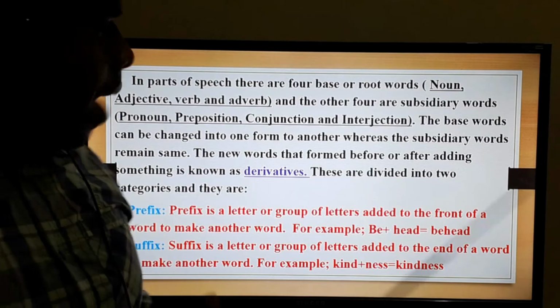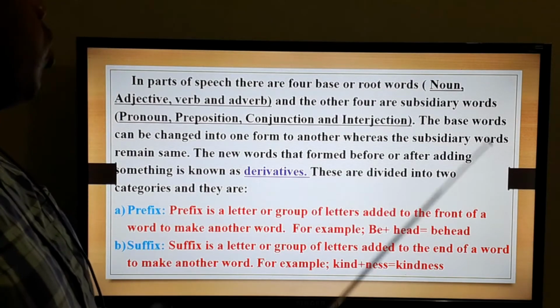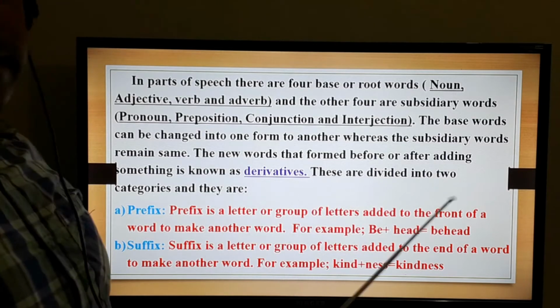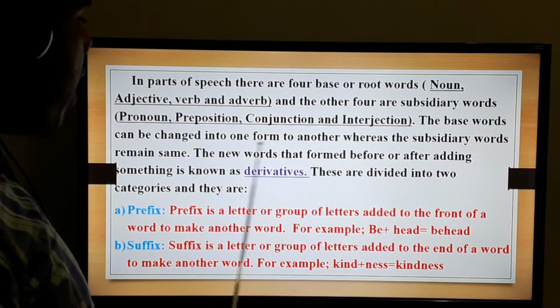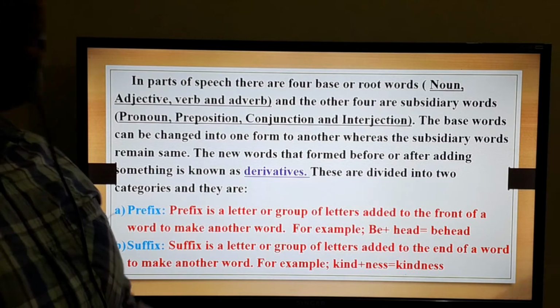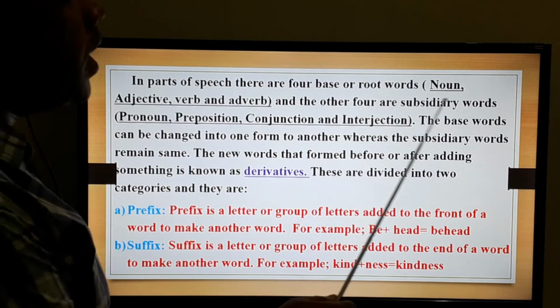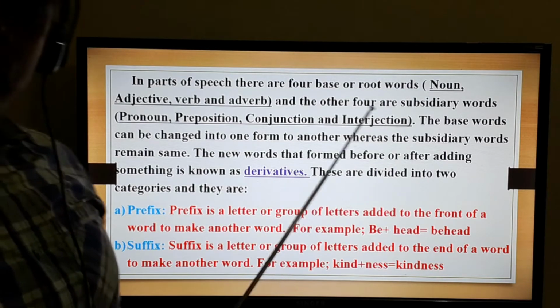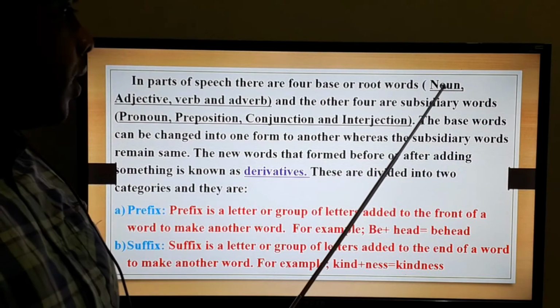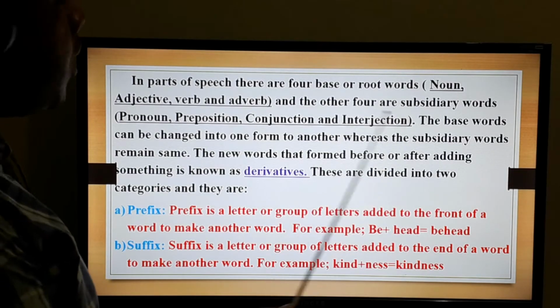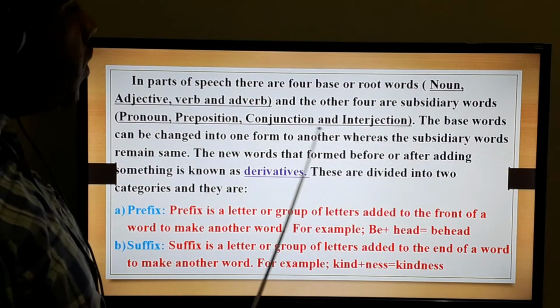So dear students, you have to keep in mind one thing: the base words can be changed. We can transform these words from one form to another. On the other hand, we cannot change the subsidiary words. Are you clear about it? You have to be clear that we cannot change the subsidiary words, that is pronoun, preposition, conjunction, interjection.